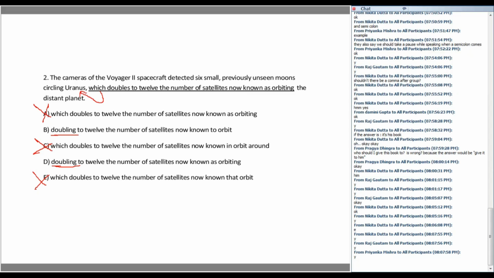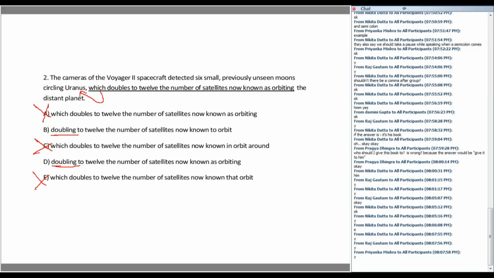So our answer can either be B or our answer can be D. The cameras of Voyager 2 spacecraft detected 6 small previously unseen moons circling Uranus. Now this detection, what has this detection done? Doubling to 12.